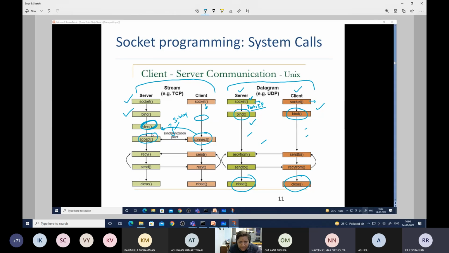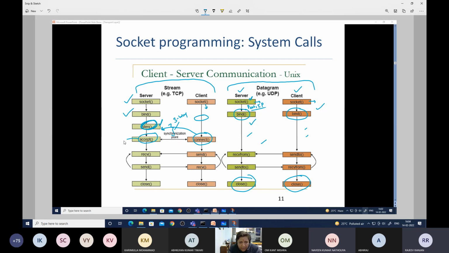As soon as it accepts, a new socket is created and the server starts listening on the old socket for another connection. Once this accept system call is there, a new socket is created, and the client socket will be connected to the new socket created for this particular connection.